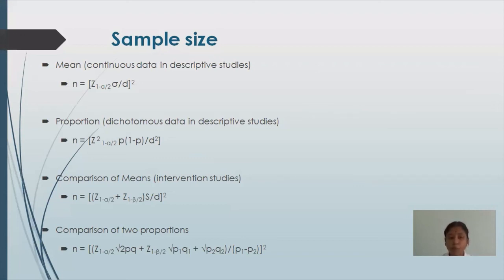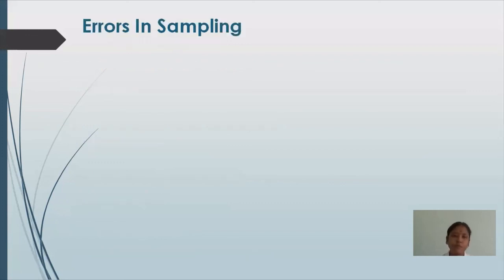So keeping that in mind, we'll be trying to avoid any type 1 error or type 2 error. So we'll be considering the standard deviation or sigma, and also the margin of error, and the power of the study should also be considered so as to avoid any errors. So all these factors play an important role in sample size calculation.